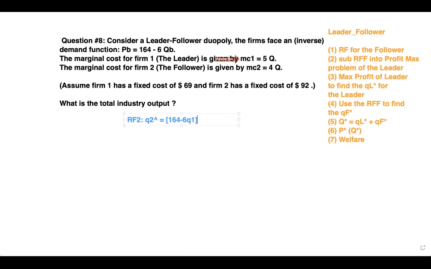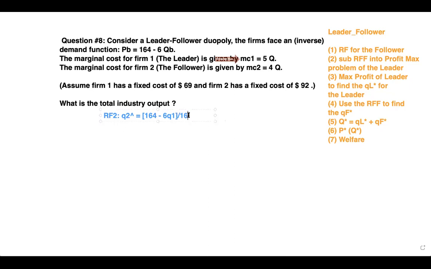That's what I was listening for, because what I heard Ben say was minus Q1, not 6Q1. So I don't know if I missed that, but that's what I agree with. Did you mean to say 6Q1, or did you just... I probably slipped over the 6. Okay, cool. So this is the reaction function.